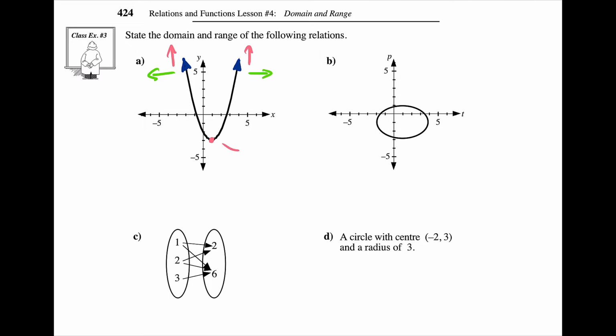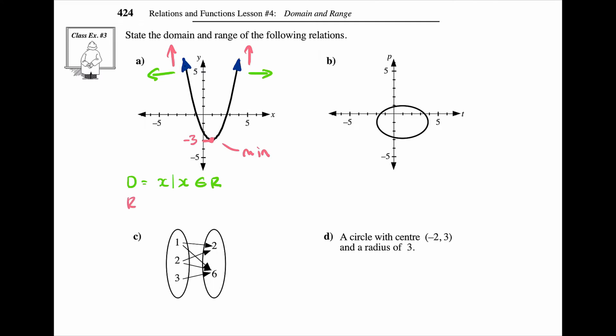So this would be our minimum point right here, which looks like it lines up with -1, 2, 3. So that's at -3. So if I talk about the domain here, it's going to equal x such that x is a subset of all real numbers.